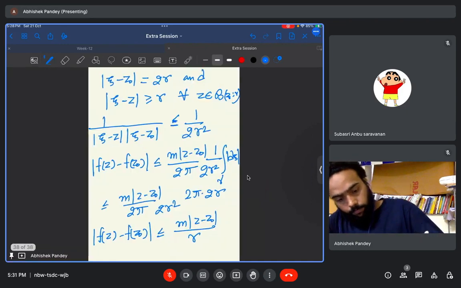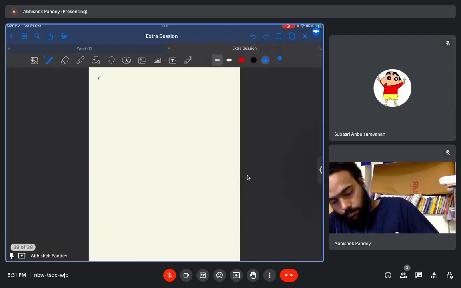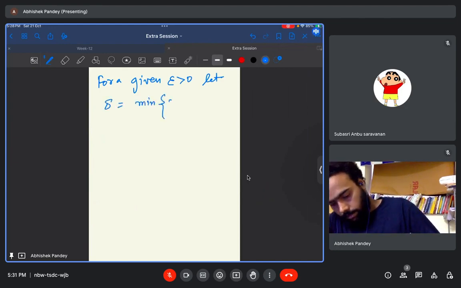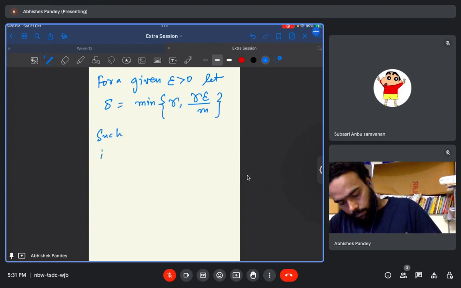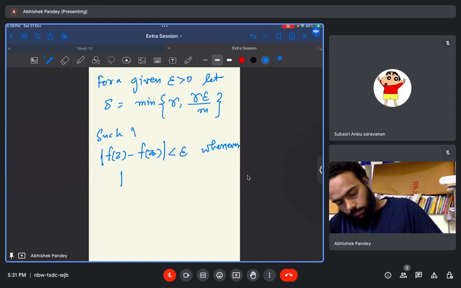Okay, so now we are done. So for given epsilon positive, let delta be the minimum of R comma R epsilon by M, such that we will have mod of f(z) minus f(z naught) less than epsilon for every f belongs to F, whenever |z minus z naught| is less than delta.